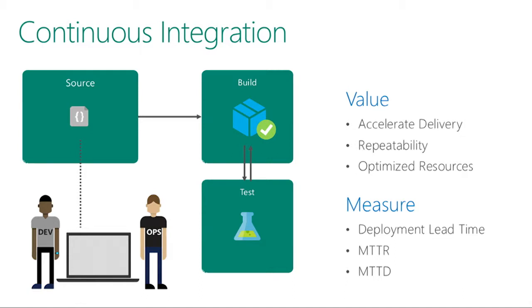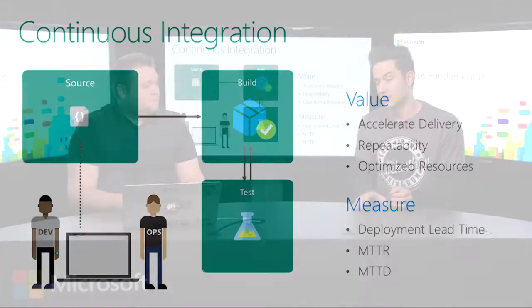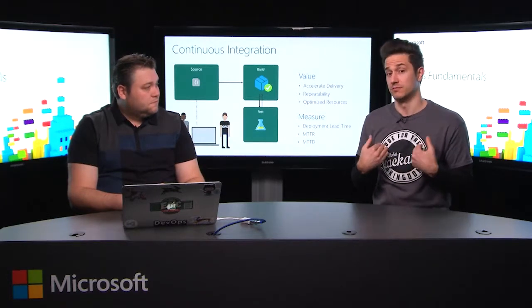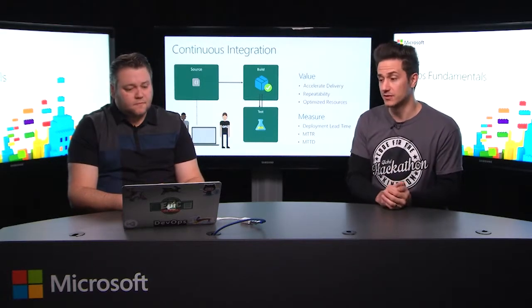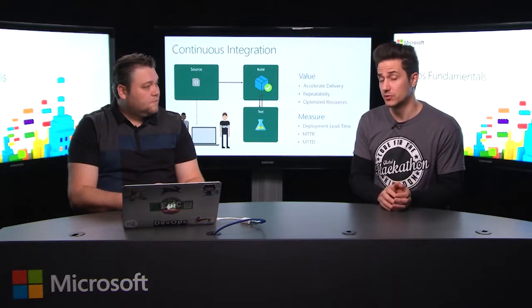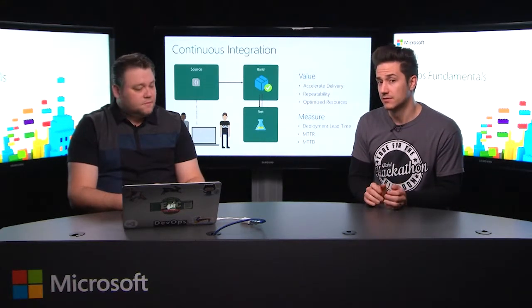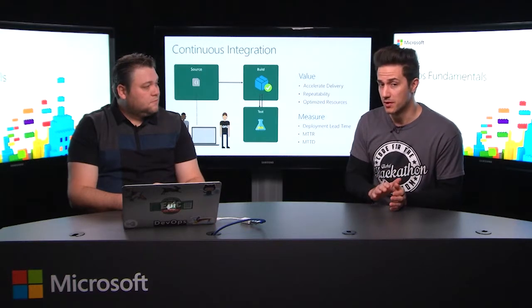You're also going to run some form of tests, and there's even more things if you continue down the path of being more strict on the continuous integration definition. In my personal opinion, continuous integration at a bare minimum should include checking in code and doing some unit tests, and that's the minimum bar.